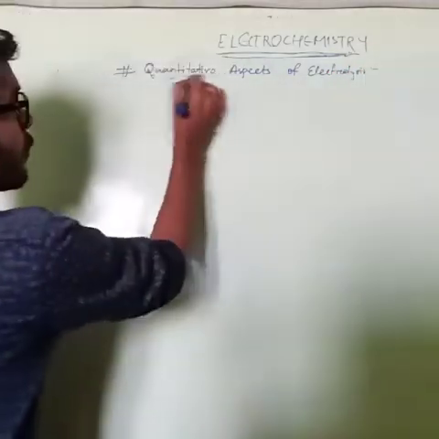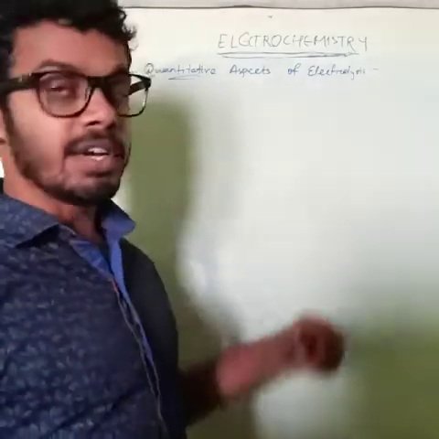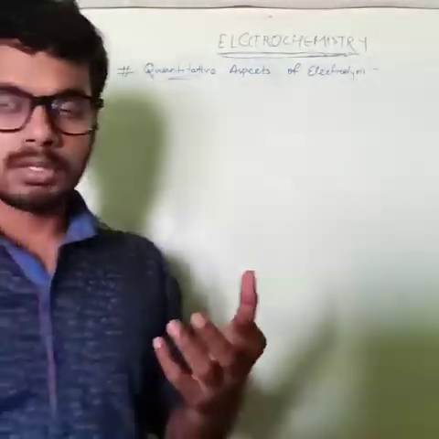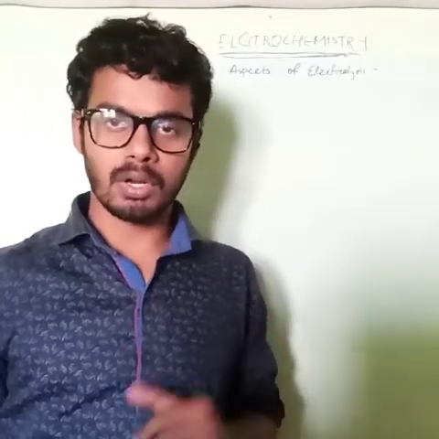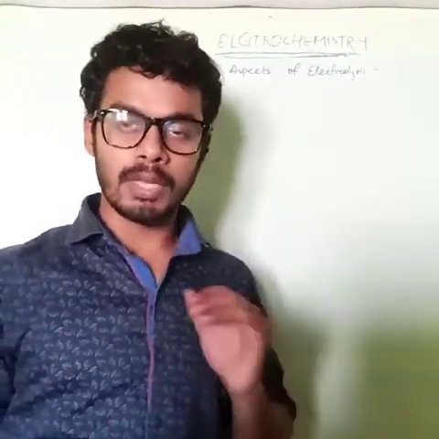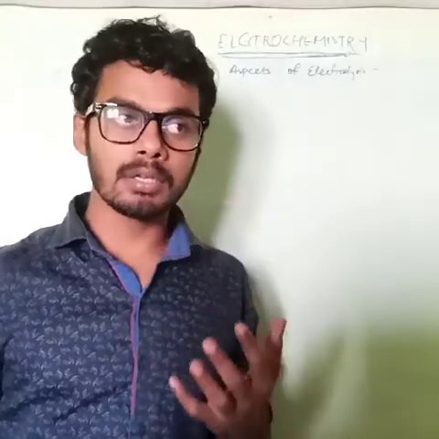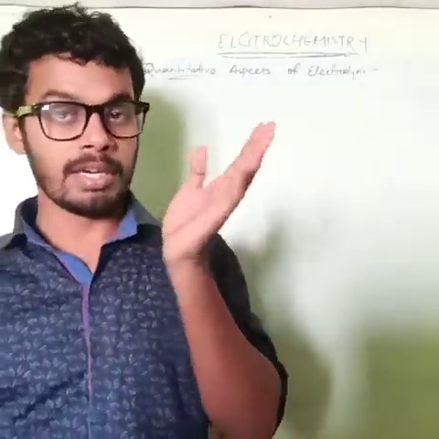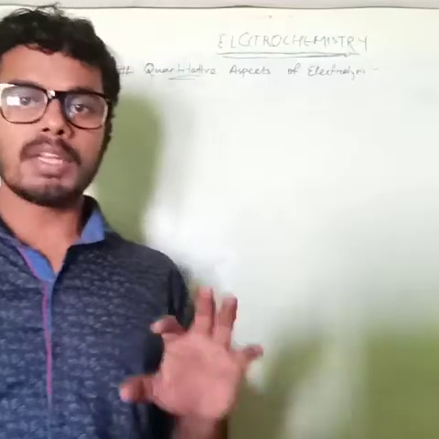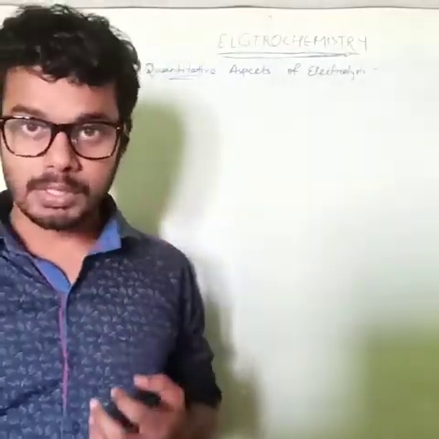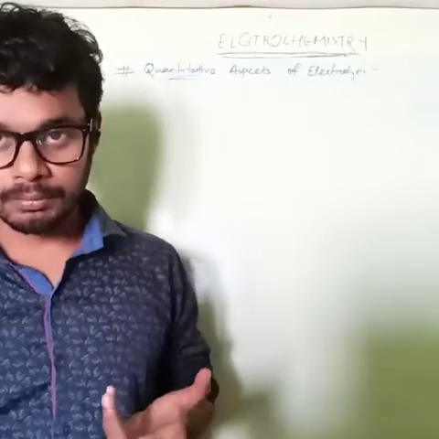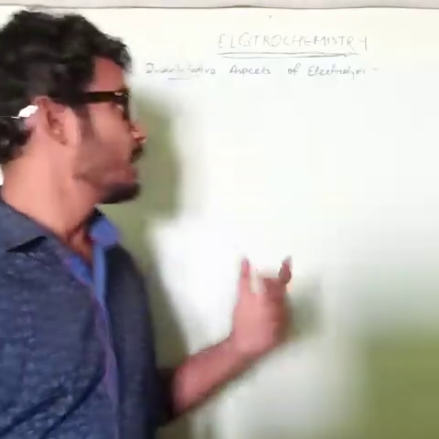It means we will go into detail, quantity-wise, about how much deposition occurs, and how much reduction or oxidation occurs in an electrolysis. While electrolysis happens, how much current, how much electricity is applied. So what is basically the quantity? How much weight, how many moles, what volume. This concept we will discuss here.